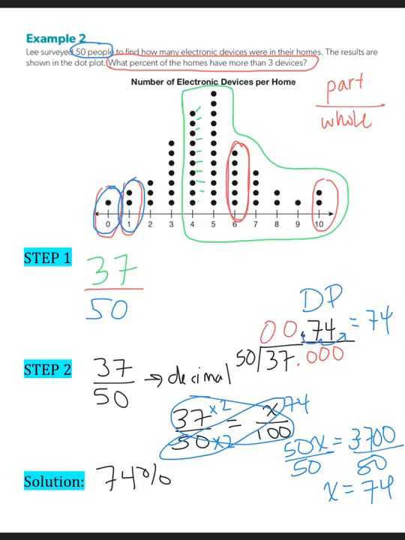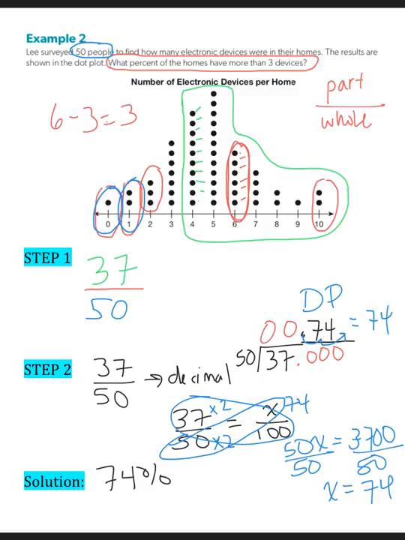In this case, there's 1, 2, 3, 4, 5, 6, right? I'm just going to do that math over here. So there's 6 homes that have 6 devices. And then if we look at the number of homes that have 2 devices, there's 3. So we do 6 minus 3 equals 3.